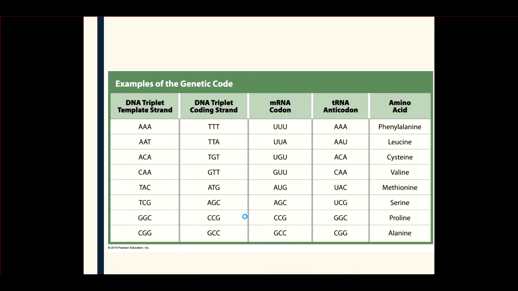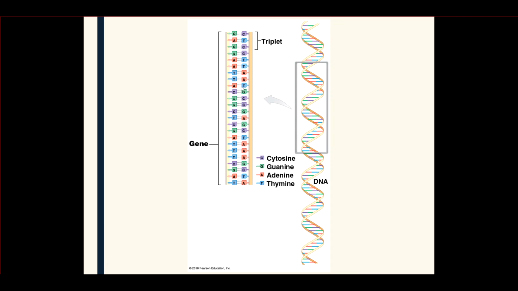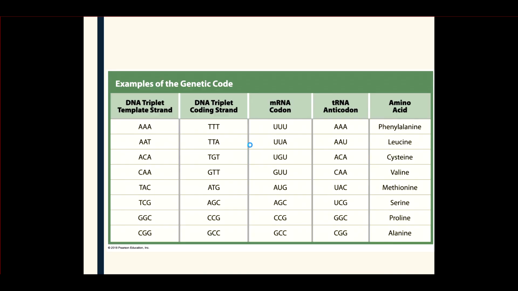So just to give you an example, do not study this, do not memorize this, but just to show you, here's a triplet. Forget all this stuff in the middle. Let's just look over here. Here's a triplet AAA, right? That means 3 adenines. Somewhere along here, let's say we had 3 adenines. Here's one right here, AAA. That triplet right there is the triplet for an amino acid known as phenylalanine.